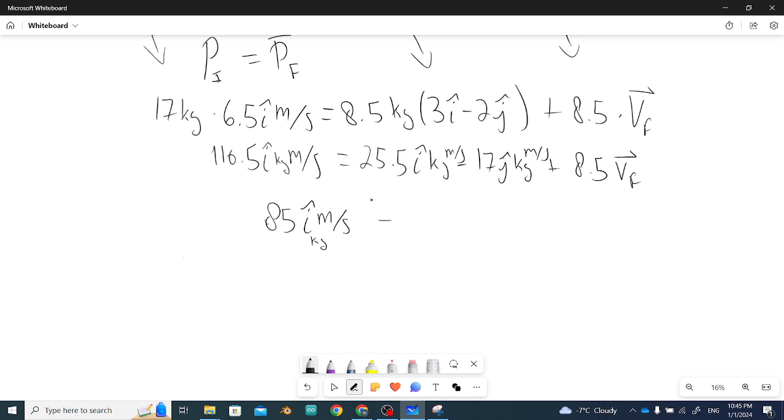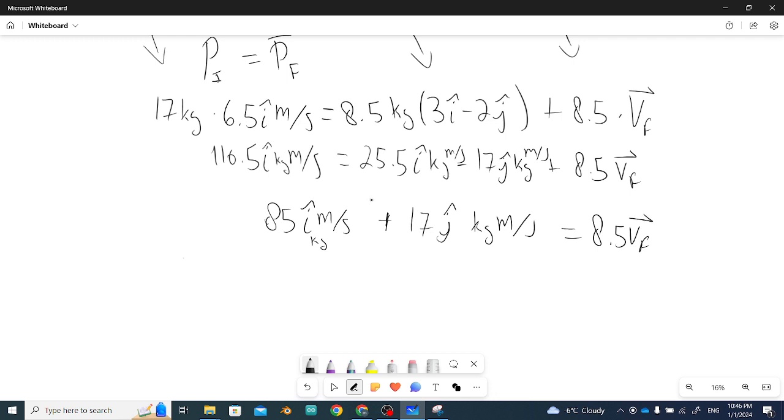And then we're also going to take the j to the other side, but we cannot add it to the i. So it will be plus 17 j kilogram meters per second, equal to 8.5 Vf.